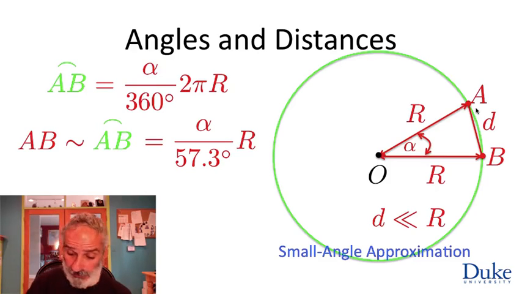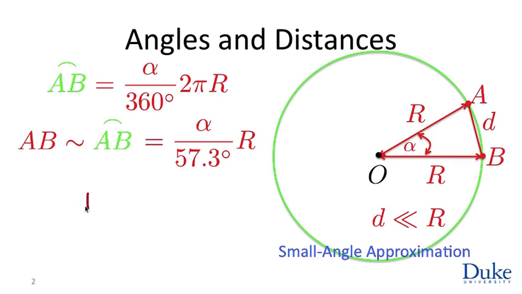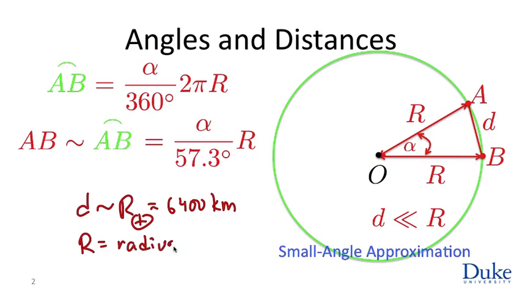And so the distance in the context that I was thinking about, d, was of the order of the size of the Earth. At most, the radius of the Earth, which we will denote this way, is about 6,400 kilometers. And r is the distance to a star, and in our approximation, it's the radius of the celestial sphere.